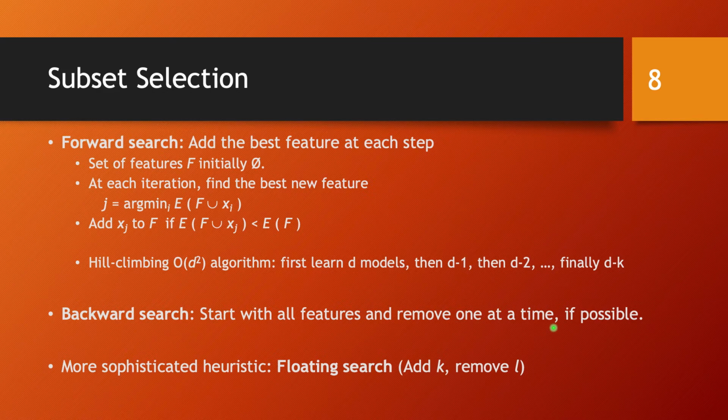And there are also other ideas for more sophisticated approaches, in the sense that you don't really have to add one feature at a time or remove one feature at a time. You can imagine approaches where you would add several features at once, or remove some of the existing features. And this might depend on some insight you have on that particular learning algorithm and on that particular data set you have in front of you.